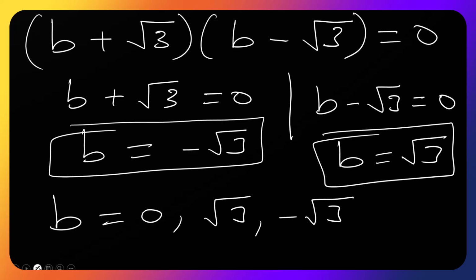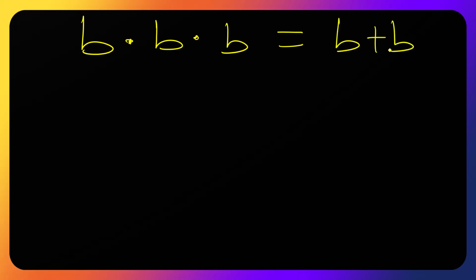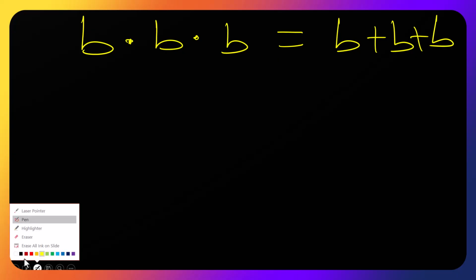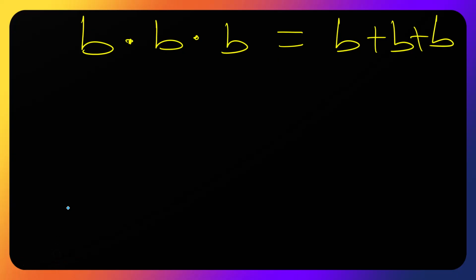So let's go back to the question and verify. The question says b times b times b equals b plus b plus b. Now let's start with when b is equal to 0.